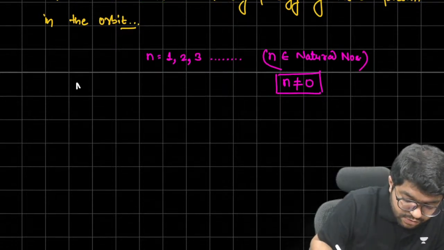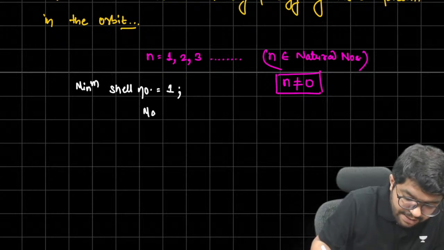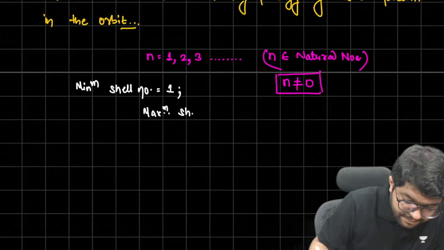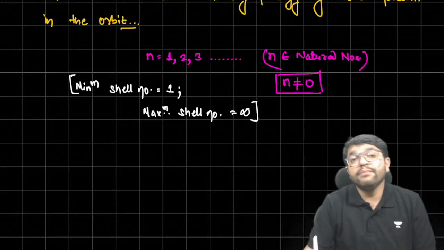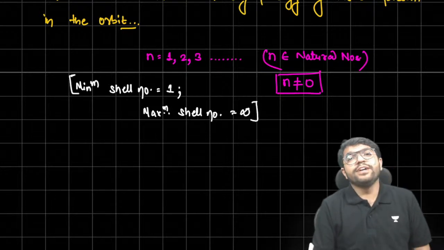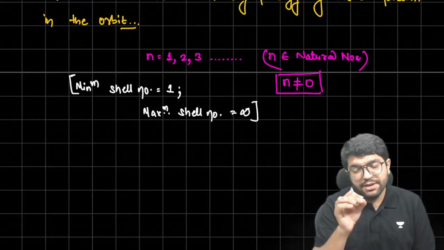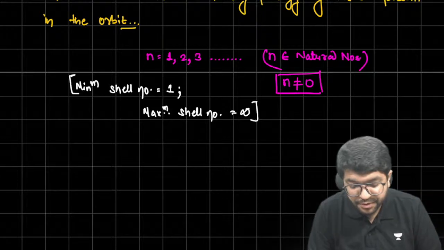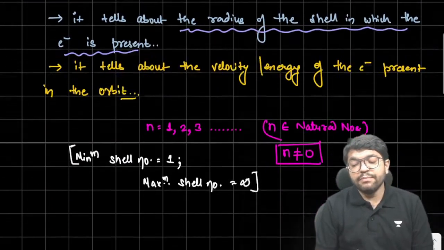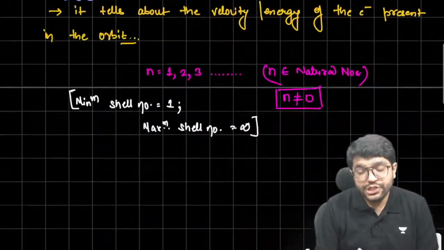The maximum shell number is infinity. So when we do numericals in structure of atom, wherein an electron jumps from 1 to infinity, the maximum shell number that you always have is infinity. So my principal quantum number ranges between 1 to infinity, and this gives you the shell number.